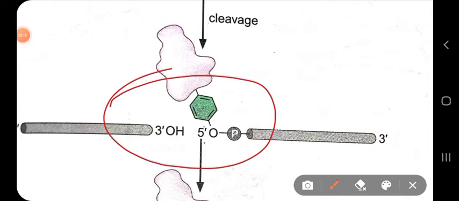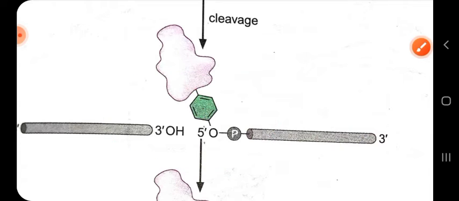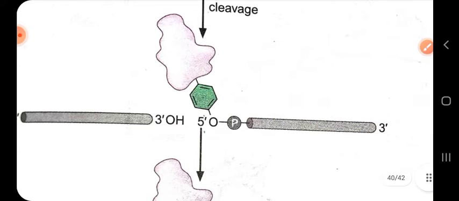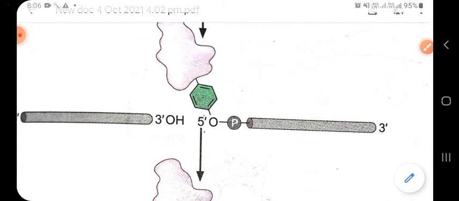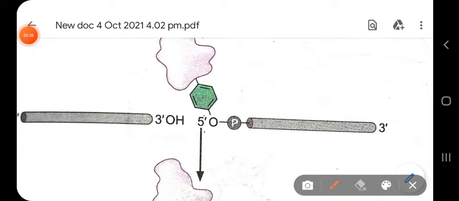The phosphate group formed at one end of the DNA strand has been attached to the active site of the enzyme. The topoisomerase is now covalently joined to one of the broken DNA ends via a phosphotyrosine linkage.